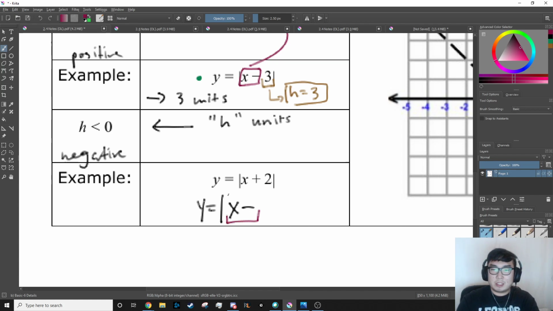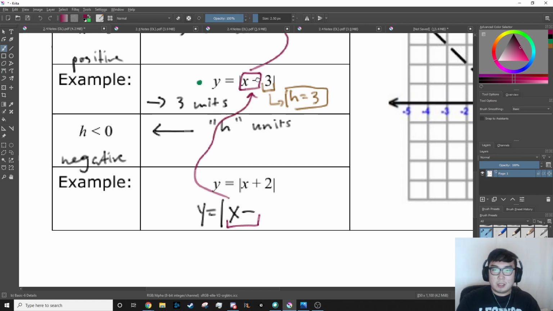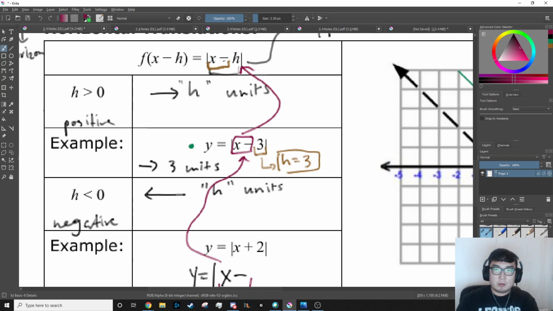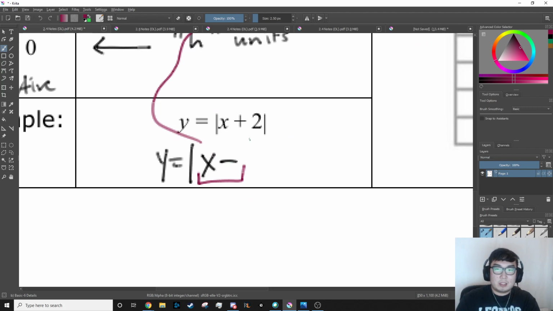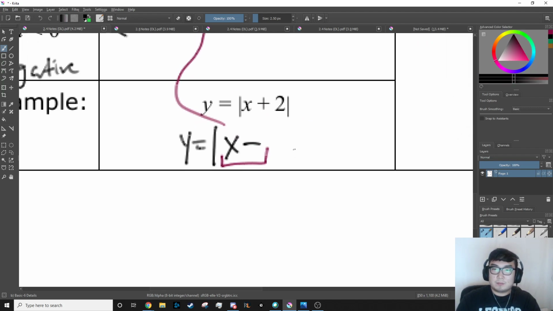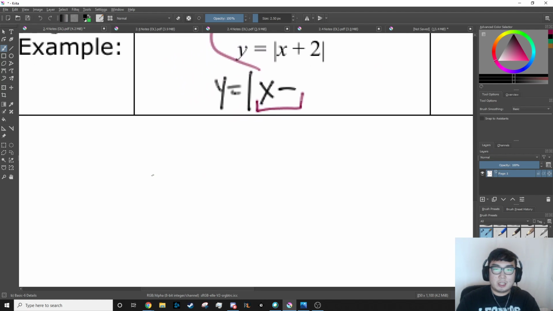But if I want to subtract something to get negative 2, so let's say z minus a number is equal to negative 2, let's make z 0. 0 minus something has to be negative 2.